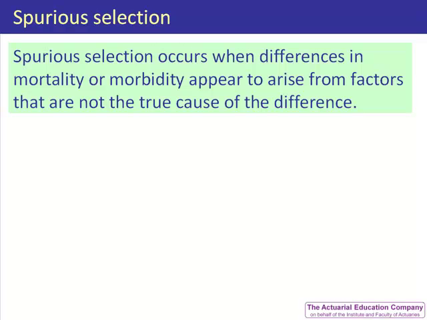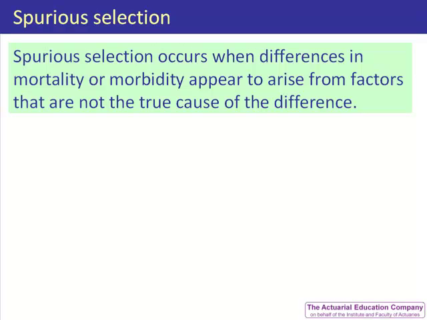The final form of selection to consider is spurious selection. This occurs when differences in mortality or morbidity appear to arise from factors that are not the true cause of the difference. When groups are formed, we usually infer that the factors used to define each group are the causes for the differences in mortality observed between the groups.